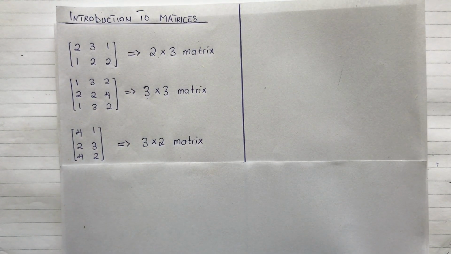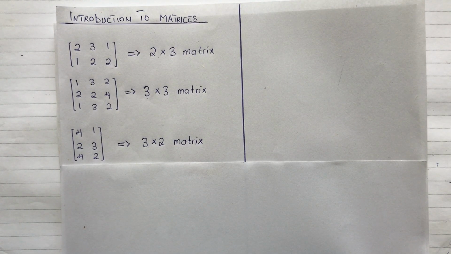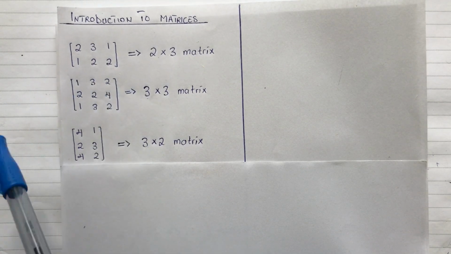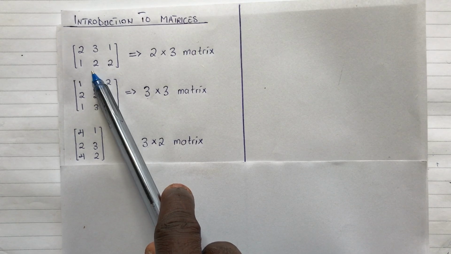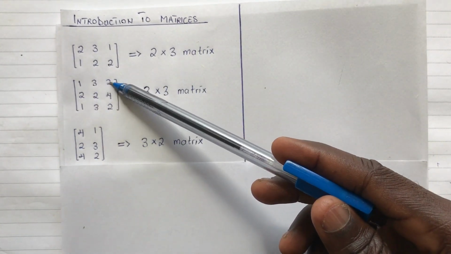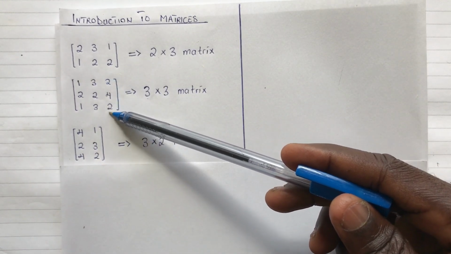So how do you know if the matrix is 2 by 2 or 3 by 3? We start the labeling or the naming from what? The rows. So this is row 1 and this is row 2. And then this side is column 1, this side is column 2, and this is column 3. We also have row 1, row 2, row 3, column 1, column 2, column 3.